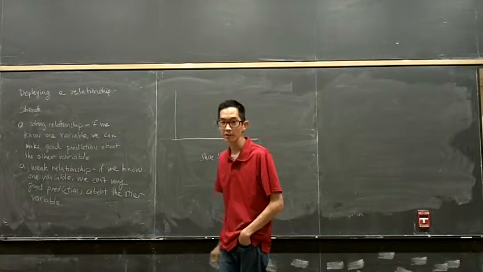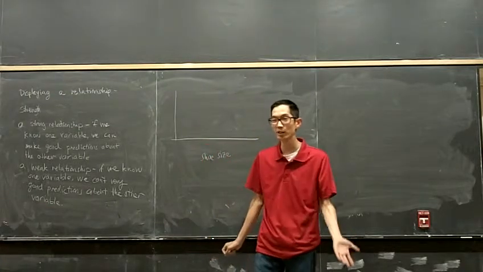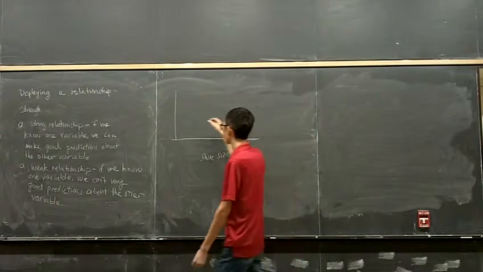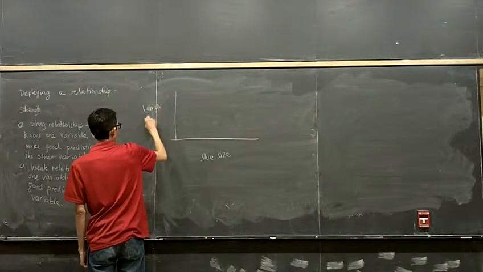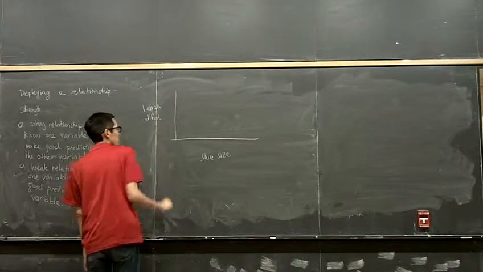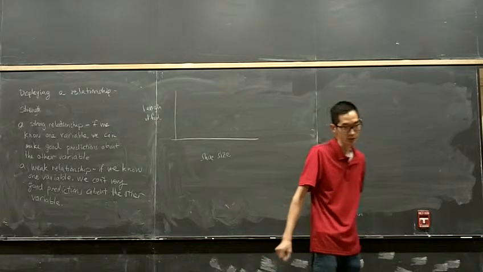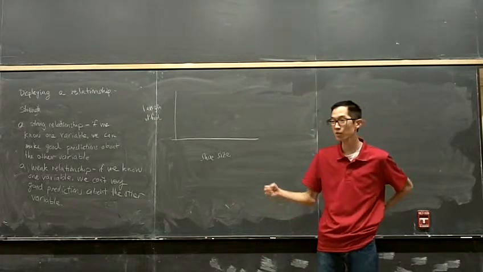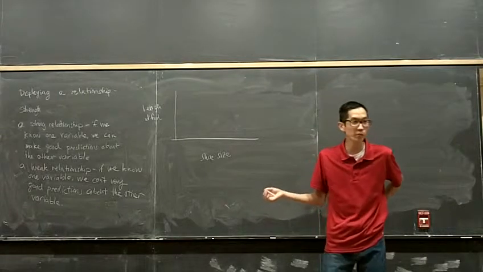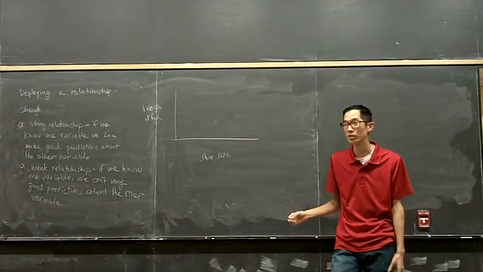And then let's say the other variable is we actually got out a ruler and we measured the length of the foot. Are we going to have a strong relationship or a weak relationship? We're going to have a strong relationship, okay? If we know someone's shoe size, we can probably predict very well how big their actual foot is, okay?